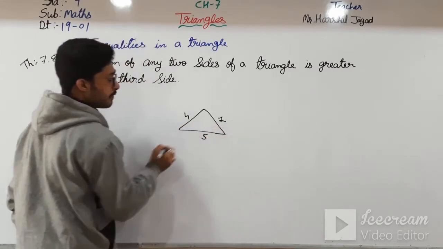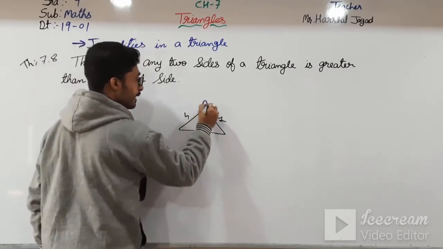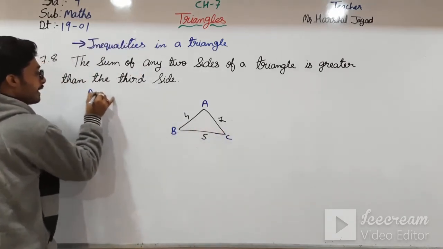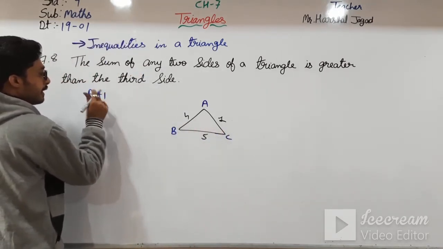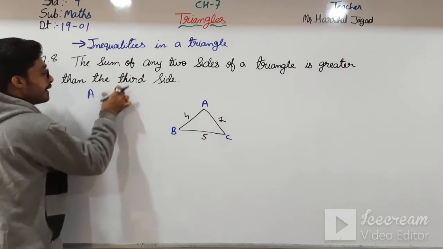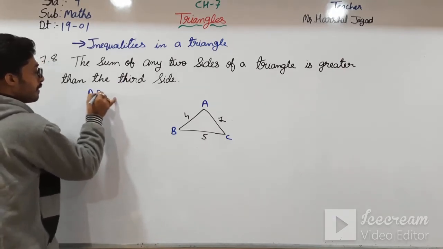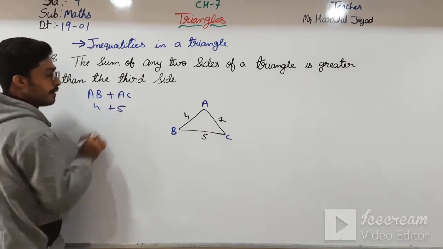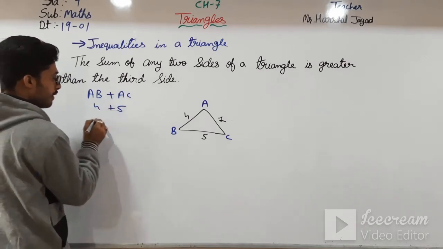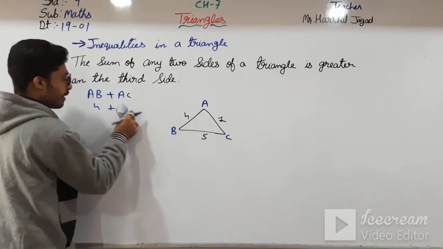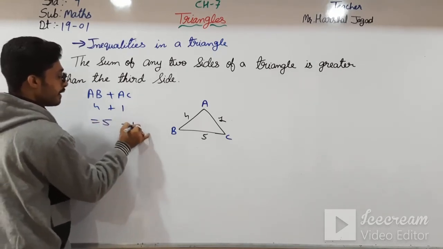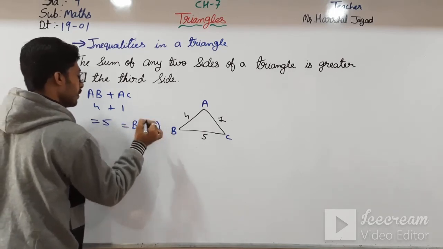If I name the vertices A, B and C, then AB plus AC, that is 4 plus 1, is 5, which is equal to BC, that is also 5.